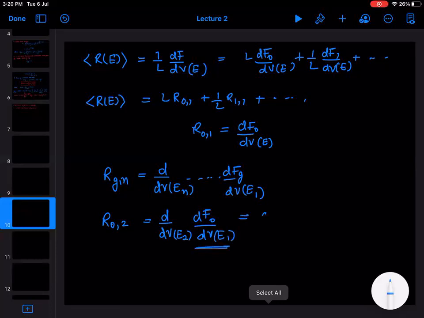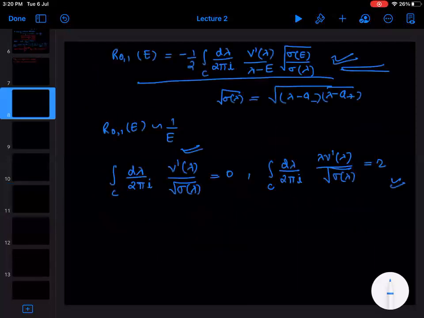So we can write R0,2 in terms of R0,1. Now we know the expression for R0,1, so we can substitute it here and evaluate the expression for R0,2. So let's do that.